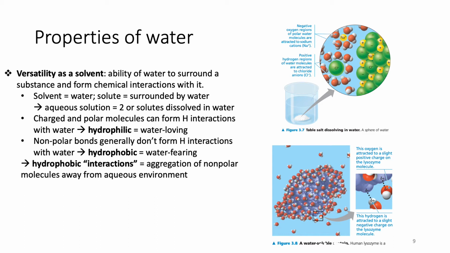Such compounds dissolve when water molecules surround each of the solute molecules, forming hydrogen bonds with them. Even molecules as large as proteins can dissolve in water if they have ionic and polar regions on the surface. Many different kinds of polar compounds are dissolved in water of biological fluids like blood and the cytosol of all cells.